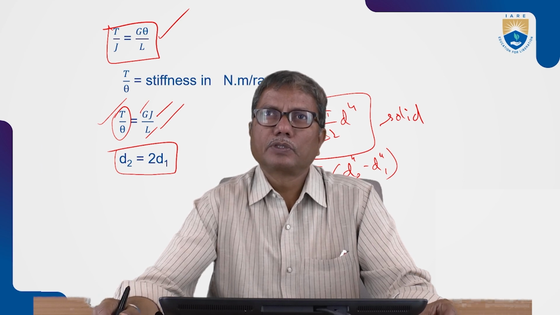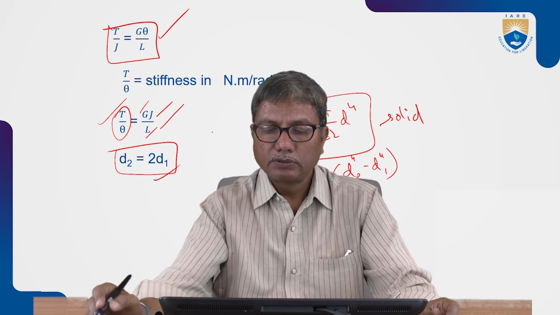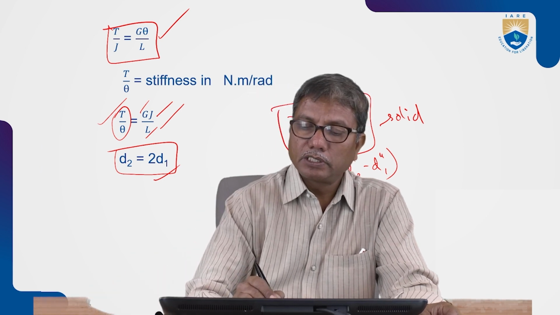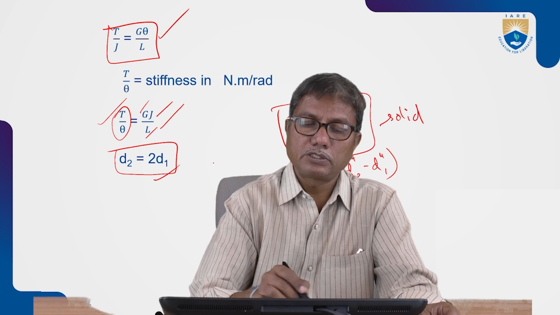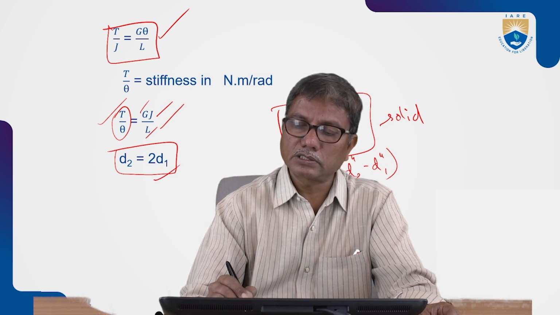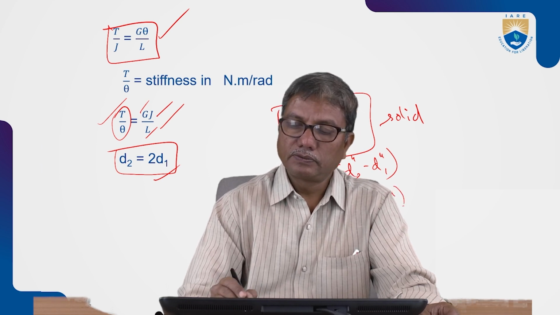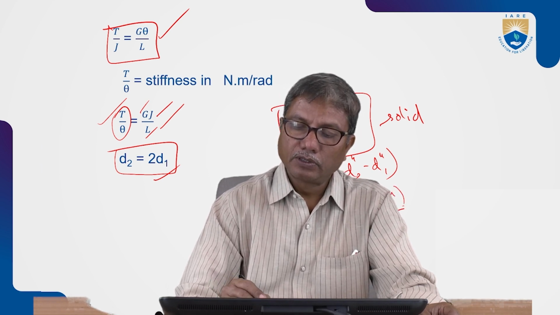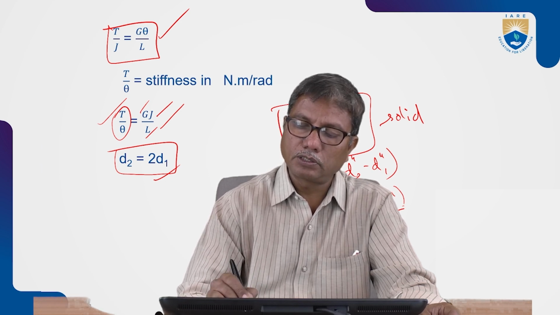You know the relation between d2 and d1. When you replace d2 by 2 d1, it becomes 16 d1 power 4 minus d1 power 4, so it becomes 15 d1 power 4. So 15 pi by 32 d1 power 4 is the value of polar moment of inertia.